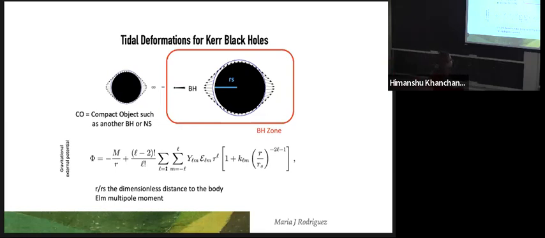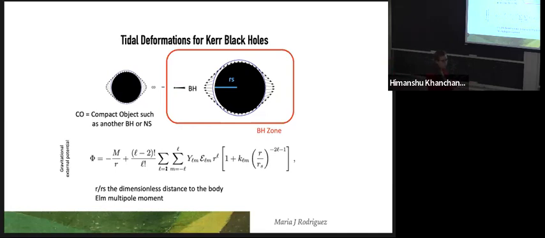E_lm is the external field of the second object. Yes, exactly. But the parameters that are being discussed, the k_lm, are not going to have any information of the external field and are characterized solely by the internal structure of the object under study.